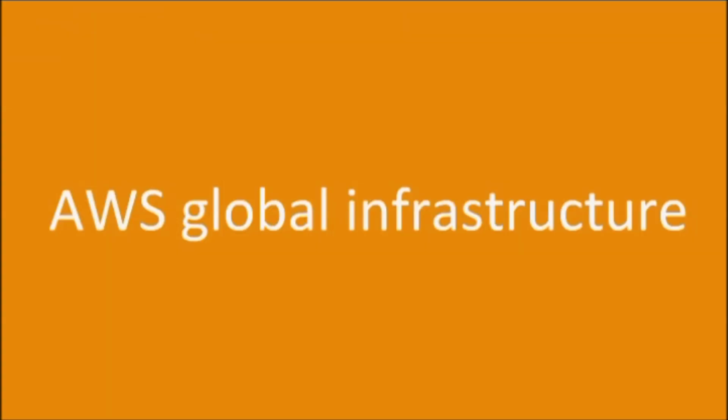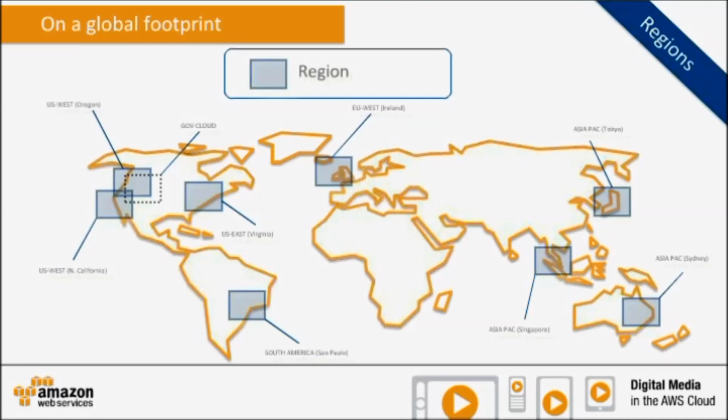So I want to spend a little bit of time just talking about our global infrastructure so you get a chance to see what our footprint is. Just like an electricity grid where you'd not want to wire every factory to the same power station, the AWS infrastructure is global with multiple regions around the world from which services are available. This means you have control over things like where your applications run, where your data is stored, and where best to serve your customers from.